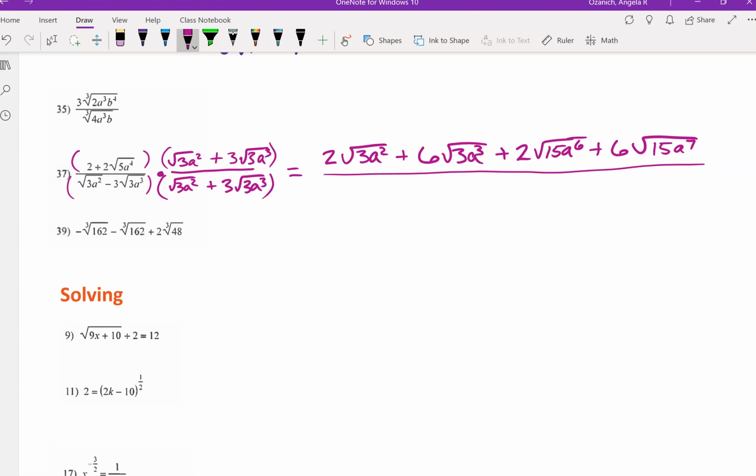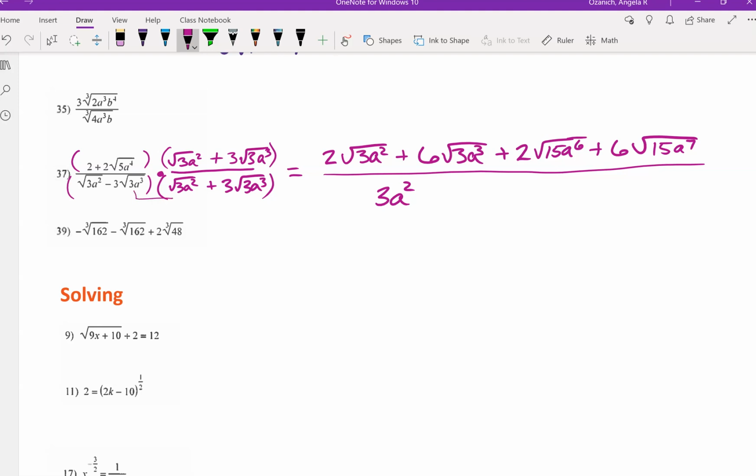The key for this problem is really going to be what happens on the bottom, as we're about to start here. We're going to be multiplying root 3a squared times itself. So that is just going to be a 3a squared when we're finished multiplying those. The inside and the outside terms are going to cancel.